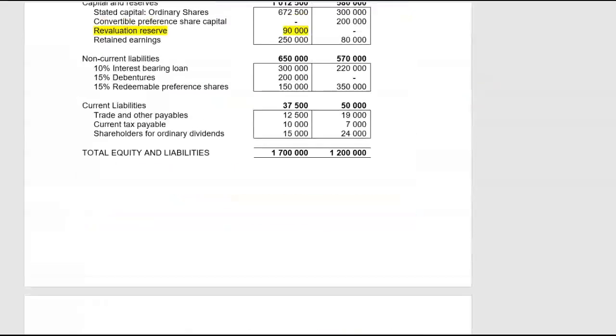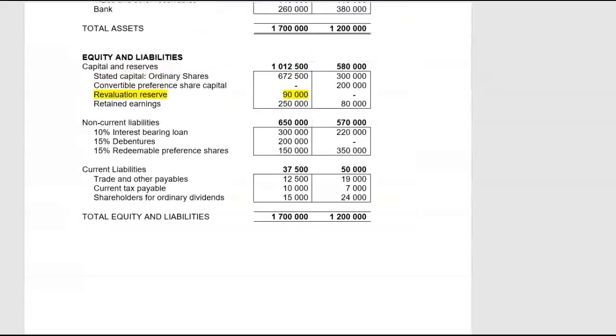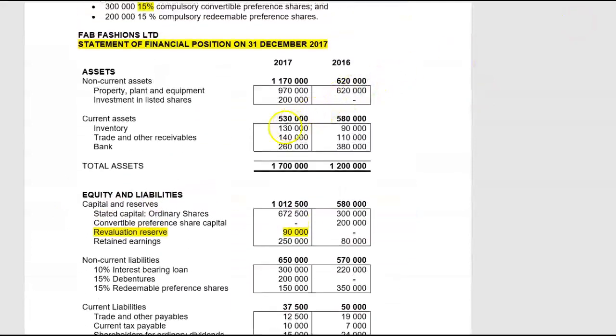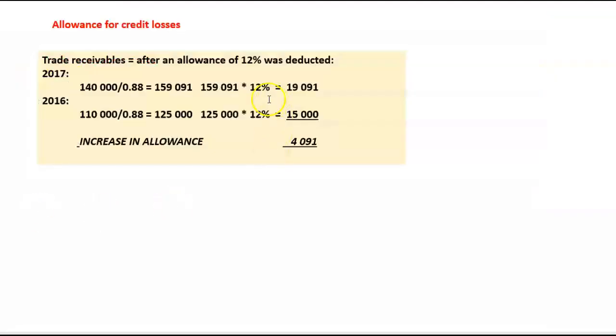Now, if I go back to my statement of financial position, my trade receivables, as they gave it to me, was after this allowance of 12% was deducted. So that means by implication that the 140,000 equals 88% of the gross debtors, and the same thing applied to the 110,000. So you have to work out what the actual amount of gross debtors was.